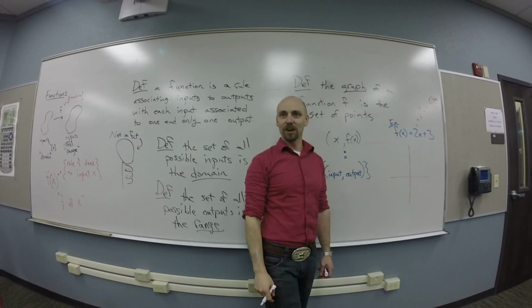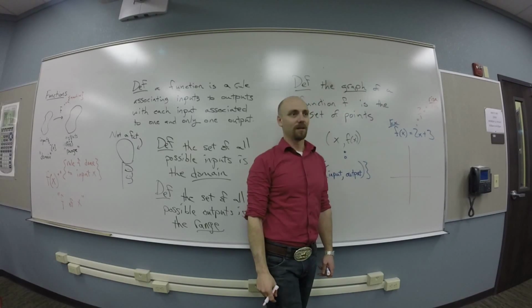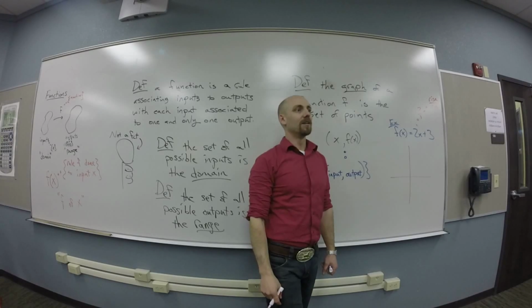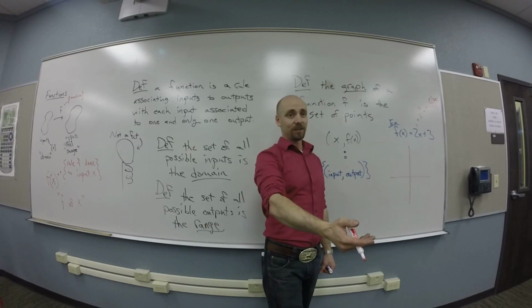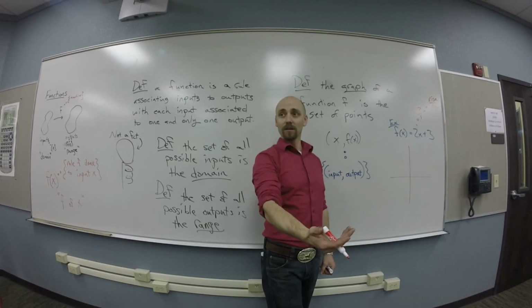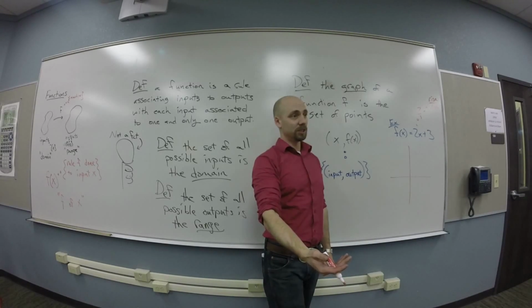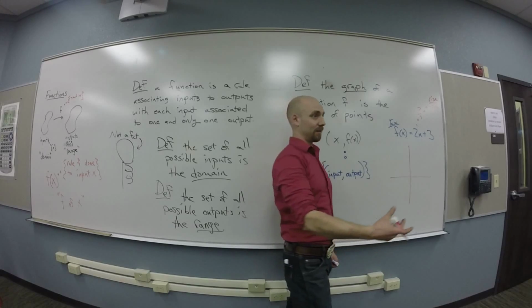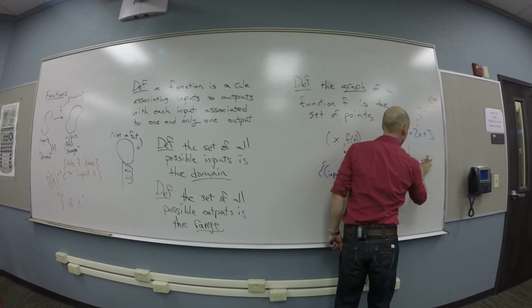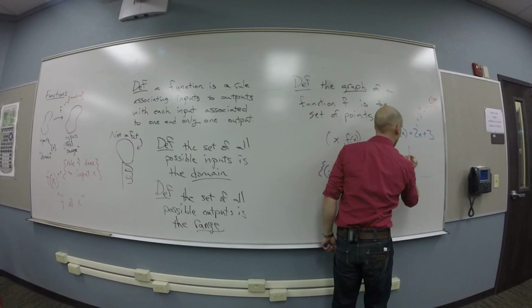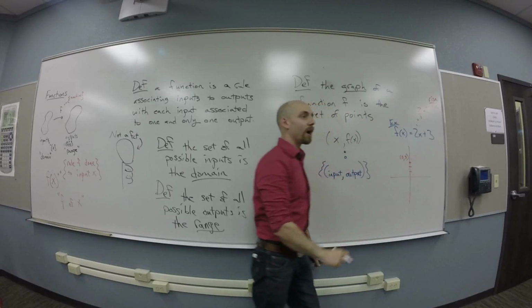And where does this thing start? Zero, three. The f of x output for 0 is 3. So I know this point, 0, 3. 3 is the y-intercept.